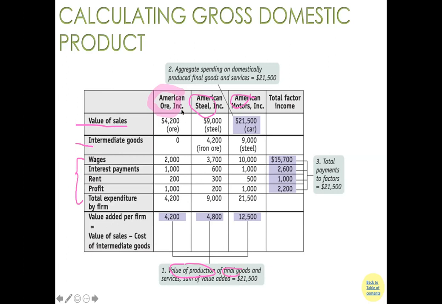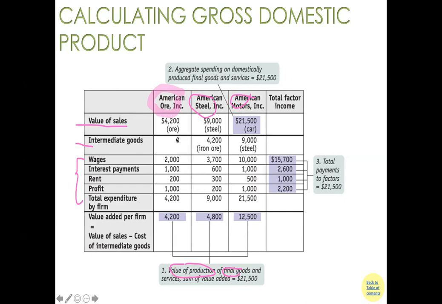Now let's go one by one. The first business, okay? American ore. So they produce ore, but what are the intermediate goods they use? Zero. So essentially they just extract the minerals, okay? Or the raw materials from the nature.